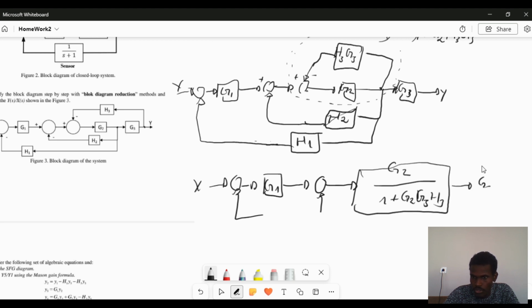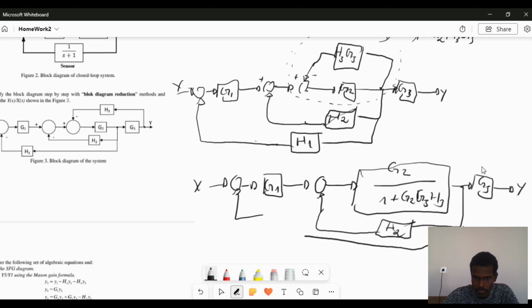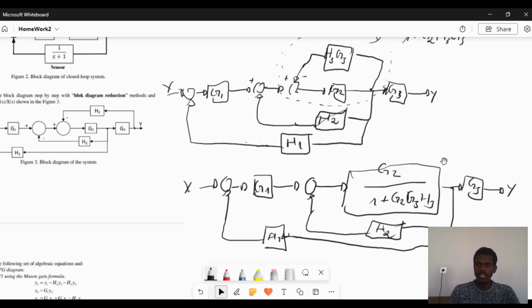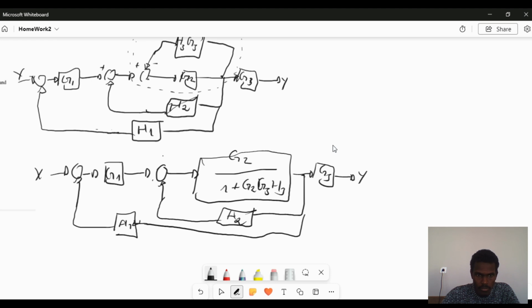Here we have again G3, and we have Y, and from here we have H2, and again from here we have H1. And here also we can see that we have another closed loop transfer function.